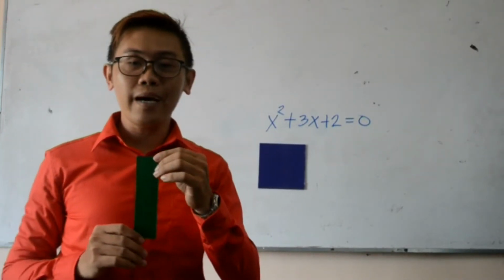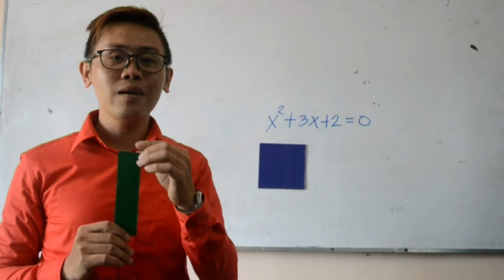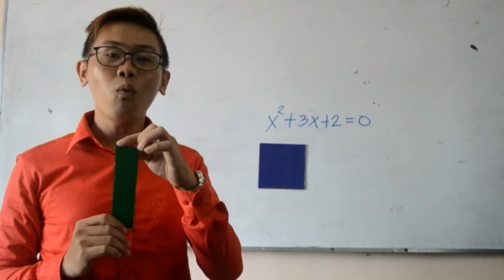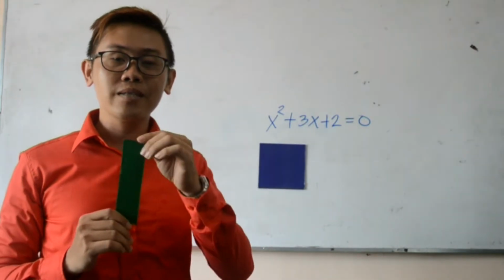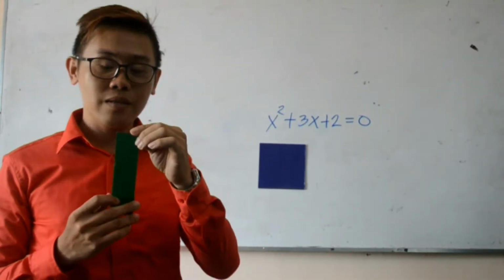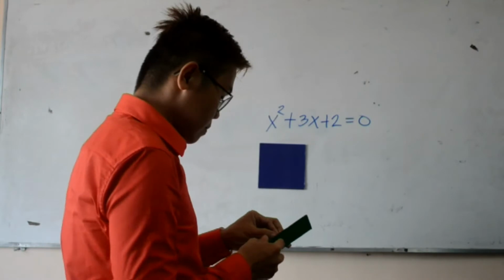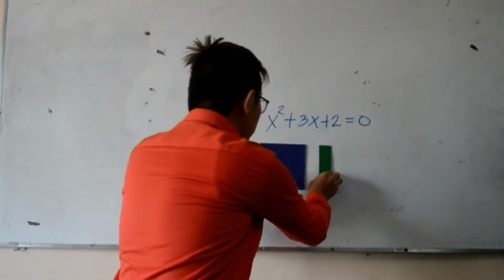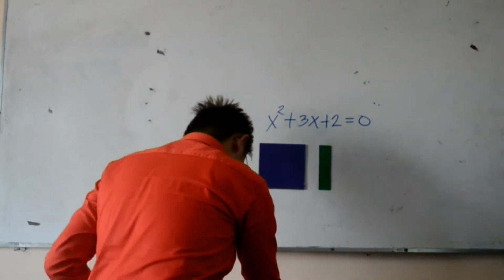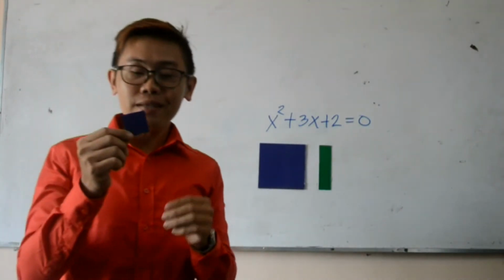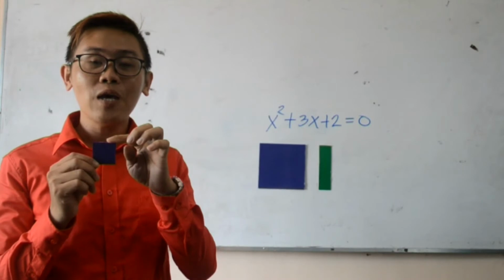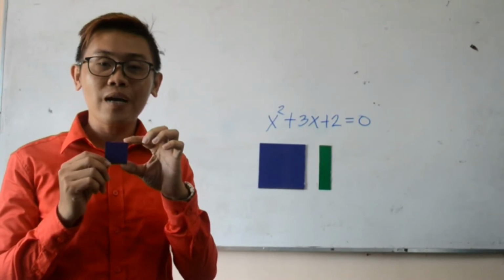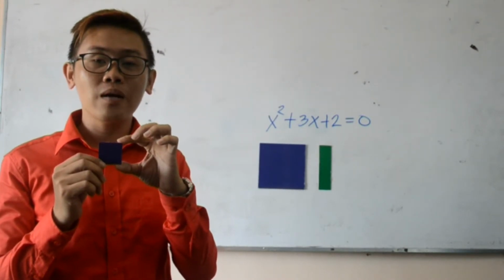And this rectangular tile, whose sides measure 1 and x. The area for this is x units. And this small square tile measures 1 unit. So the area is 1 square unit.